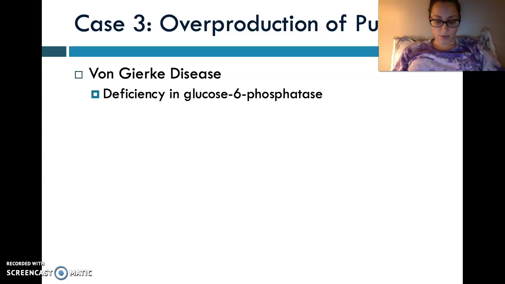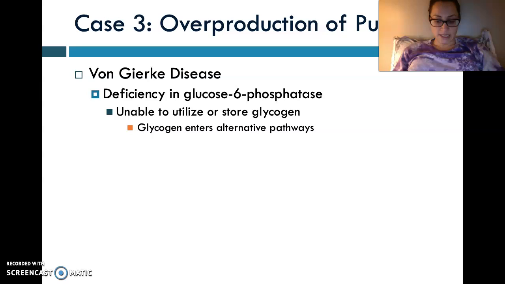This prevents the proper utilization and storage of glycogen. The condition results in fasting hypoglycemia and hepatomegaly. Because glycogen cannot be used in glycogenolysis, we see a diversion to glycolysis, fatty acid synthesis, and, of relevance, the pentose phosphate pathway.